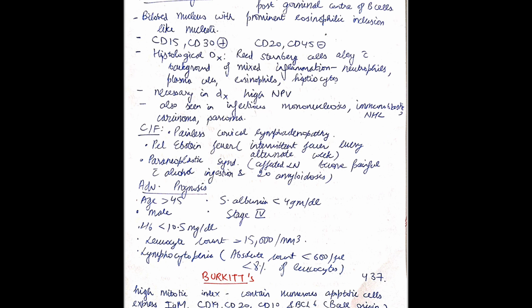So, age is more, male gender, serum albumin less than 4, and stage 4. Two fours are there. Leukocytes more is adverse prognosis. But lymphocytes, which are responsible for immunity, if less, that will be adverse prognosis. Less than 600 and less than 8%.